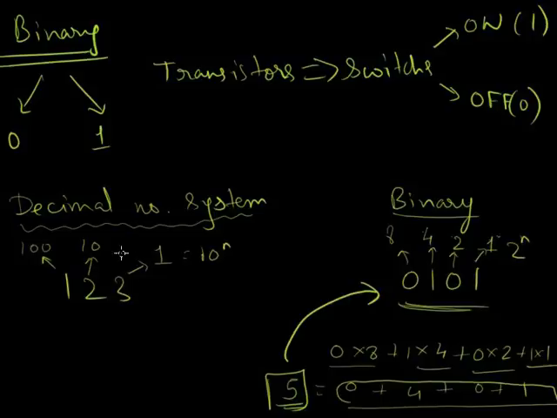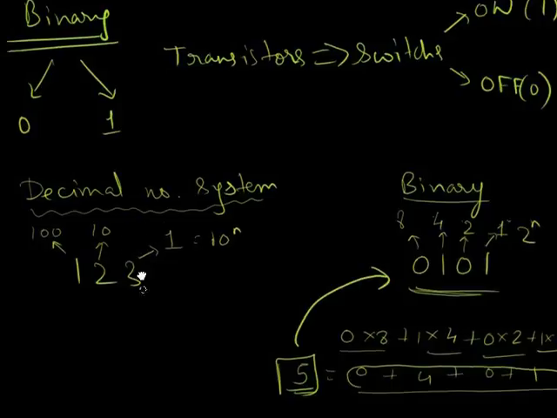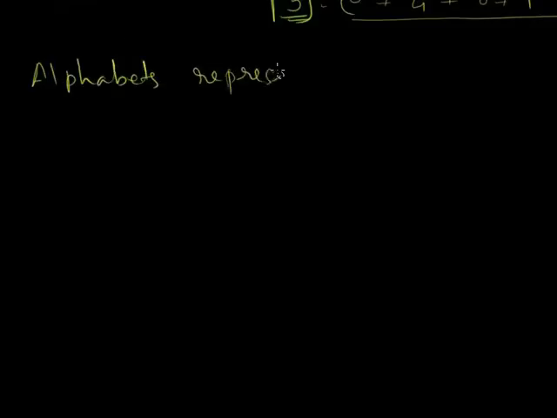How do we represent alphabets? You see alphabets on the screen. So how do we represent alphabets? It's so simple. Let me show you. Alphabets are represented as numbers. We have codes for alphabets.